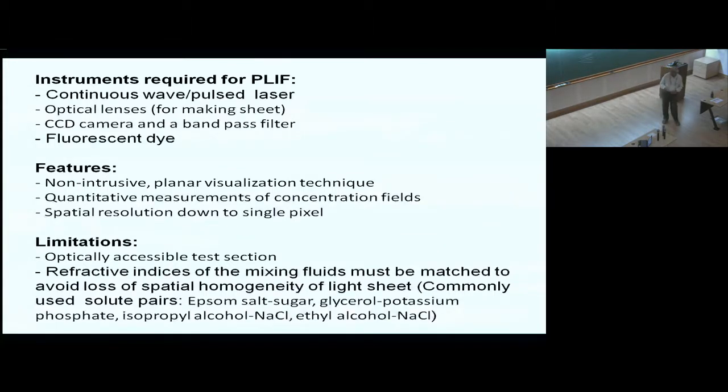So then what you have to do is match the refractive indices of the fluids. For example, if you are using salt to create a density gradient, you still maintain the density difference which is causing the flow. So the refractive index should be matched, but the density should be different. That becomes very complicated.